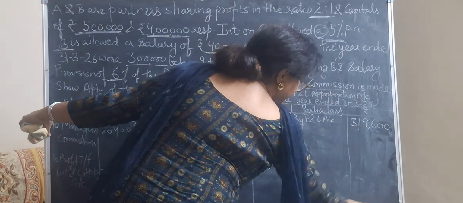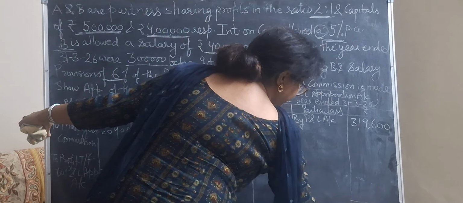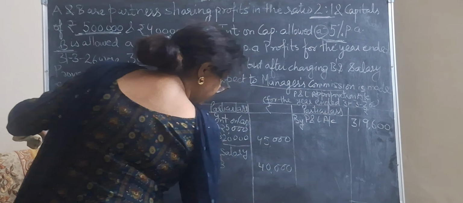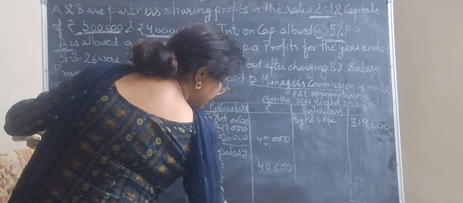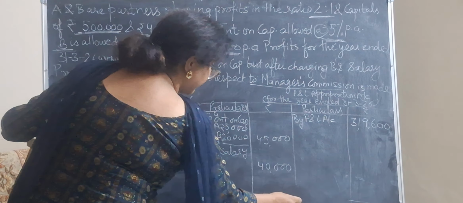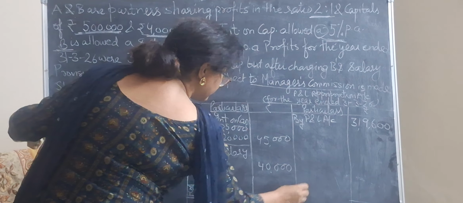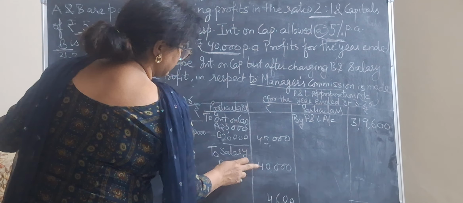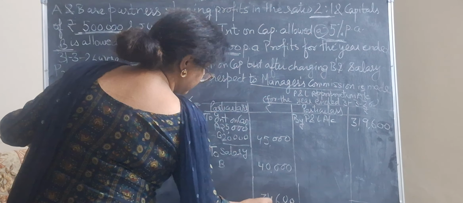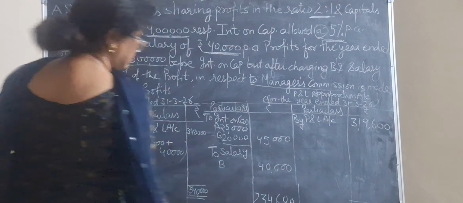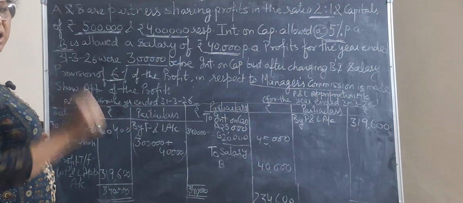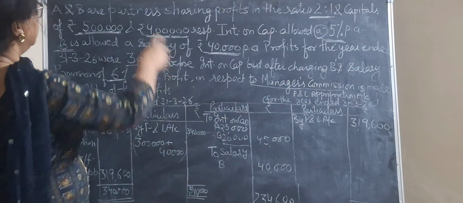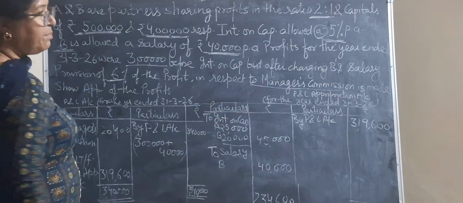Total profits are 3,19,600. Subtracting the appropriations, we get 2,34,600. The profits left are to be distributed among A and B, in what ratio?